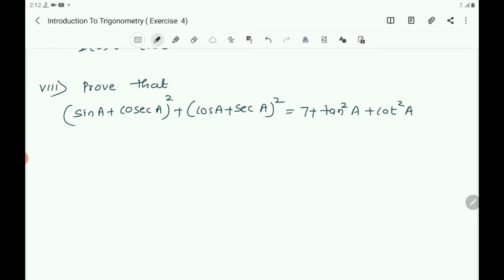What you have to prove? Prove that sin A plus cosec A whole square plus cos A plus secant A whole square equals 7 plus tan square A plus cot square A.